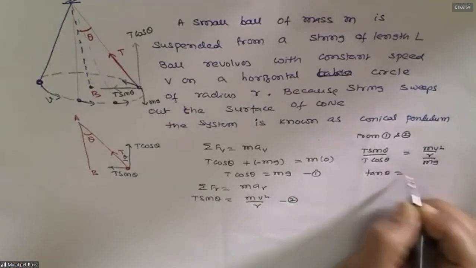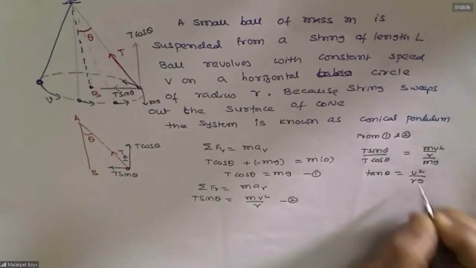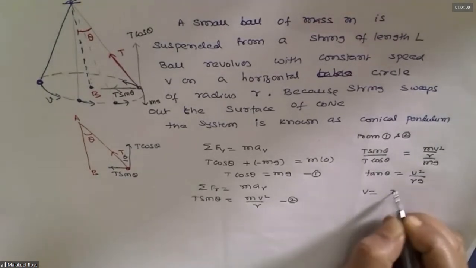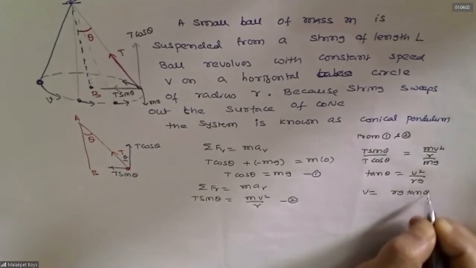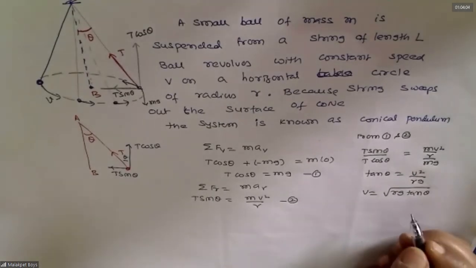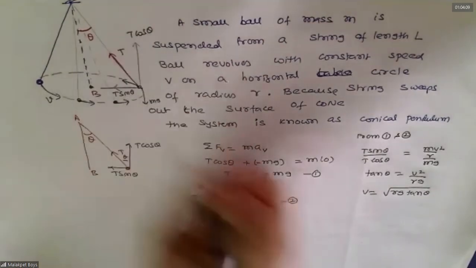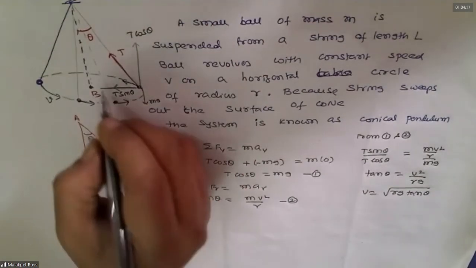So tan theta is v squared by rg. So v equals the square root of rg tan theta. Now from this triangle, can you tell what is sin theta?